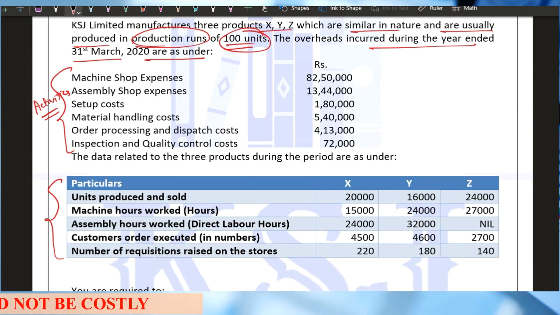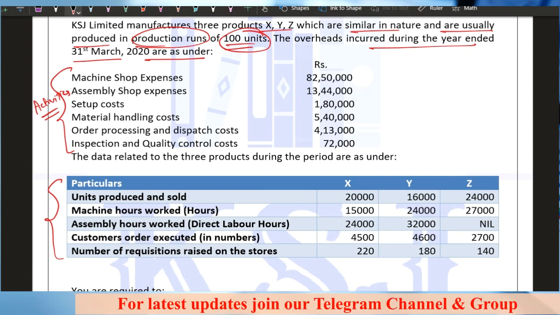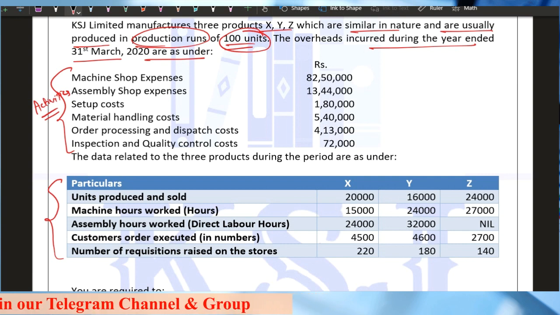The machine shop expenses are dependent upon which factor? The units produced, assembly hours, customer orders executed, number of requisitions raised on the store, or the machine hours worked. Sir, the machine shop expenses will be dependent upon machine hours worked.